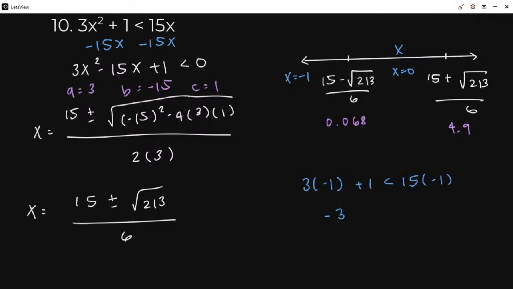So that would be negative 3, that would be 3 plus 1 is less than negative 15. Oh shoot, sorry. 0 is not in between here. 0 is here. My bad. Okay. 0 is in between 0.068 and 4.9. So it didn't work here.